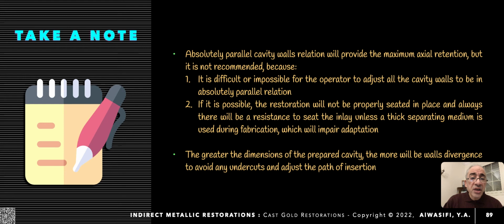You should know that the greater the dimensions and the details of the prepared cavity, the more wall divergency you will need to avoid any resultant undercuts. What about the friction? The total dimensions of the cavity, or the total surface area, will provide a total satisfactory friction.